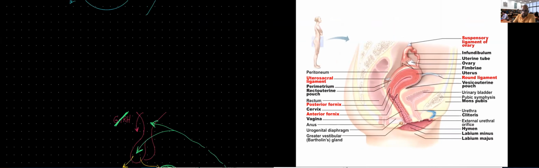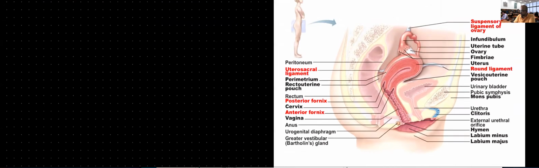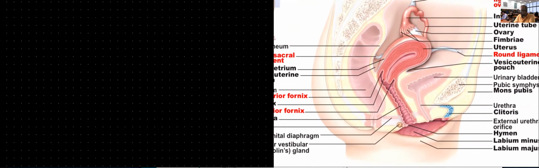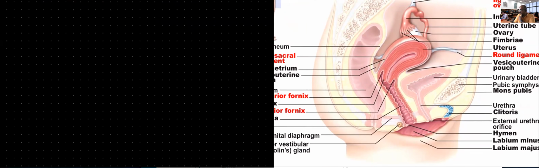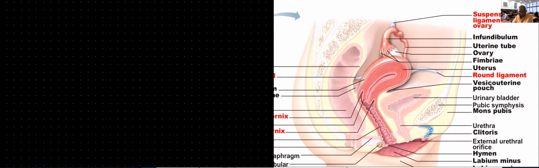Moving on to the structure of the female reproductive system. Looking here first at the primary sex organ, which is the ovary, as you see on here. The ovary is responsible for the formation of the eggs, the ovum.